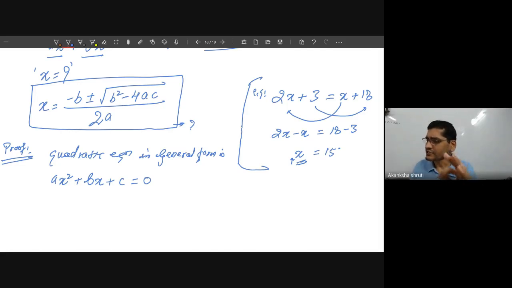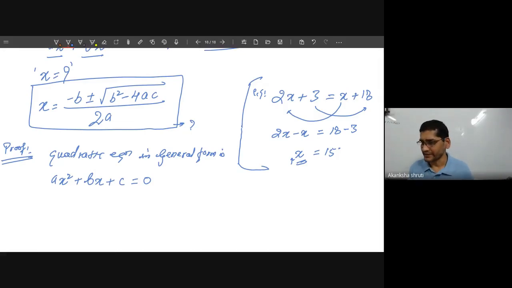A plus b whole square generates a square, b square and 2ab. Means it can generate a square term as well as the a term itself. So by applying that formula, we can rearrange this to combine the x at one point. That is the whole concept.